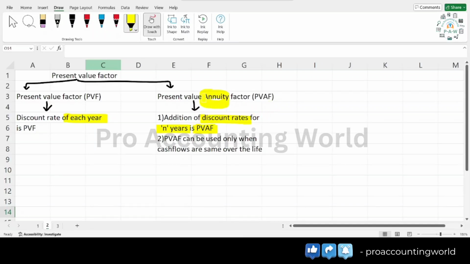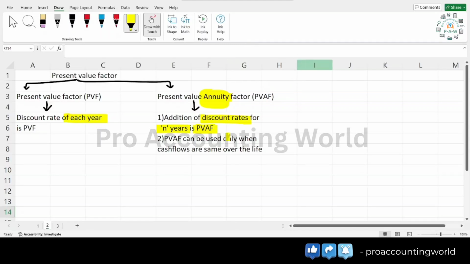Now we all know the word annuity means the cash flows are constant over the years, whether they are inflows or outflows. If your cash flows are constant over the project life, then it is called an annuity. So guys, when can we use this PVAF concept?